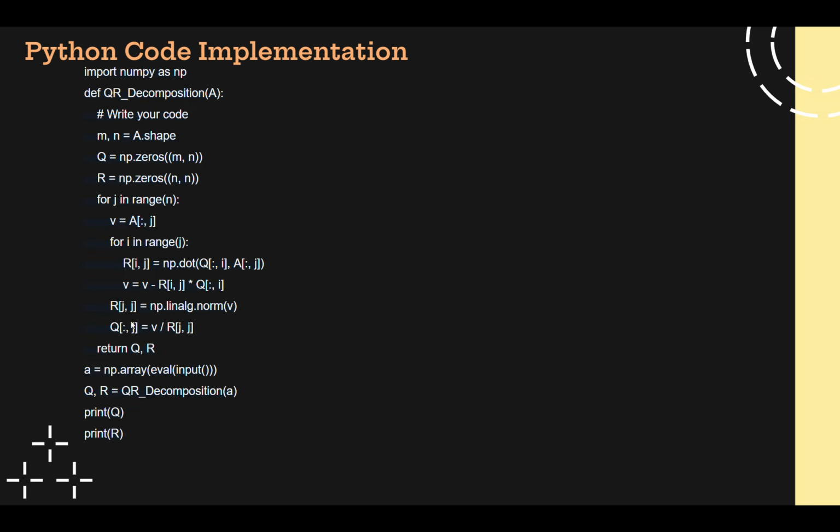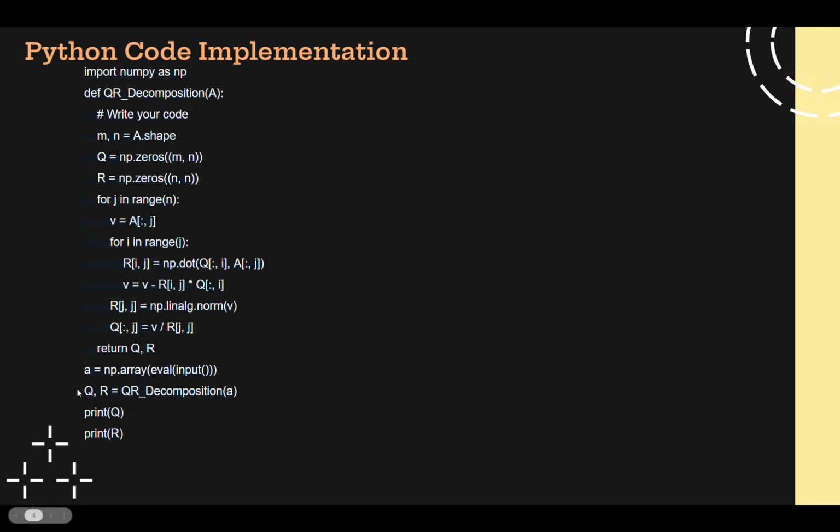This value is stored as R[j][j]. Finally, we normalize v by dividing by its length. This creates a unit vector, which becomes the jth column of Q. At the end of the loop, the function returns the matrices Q and R.